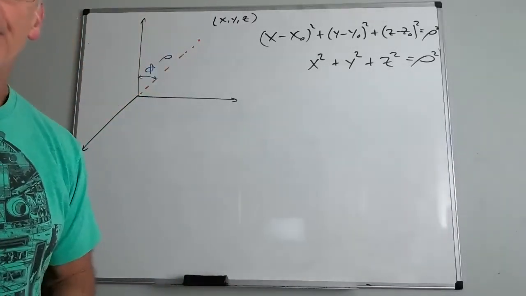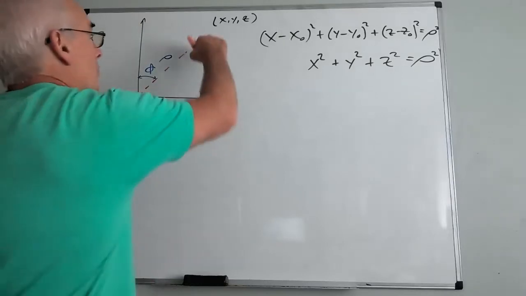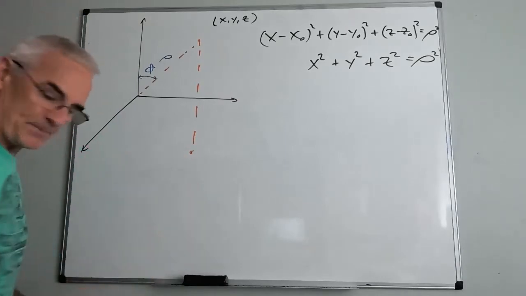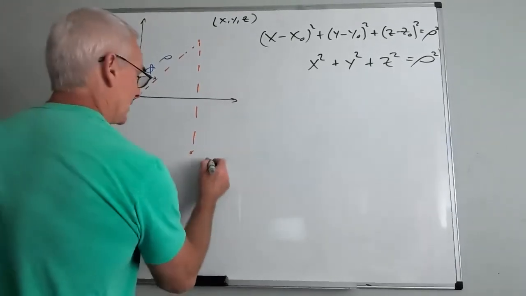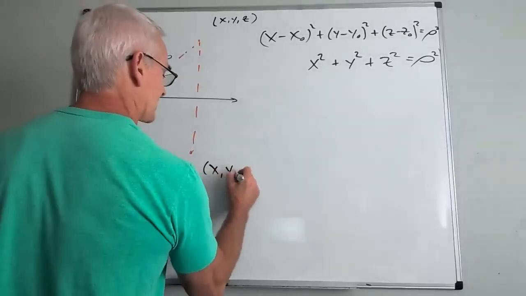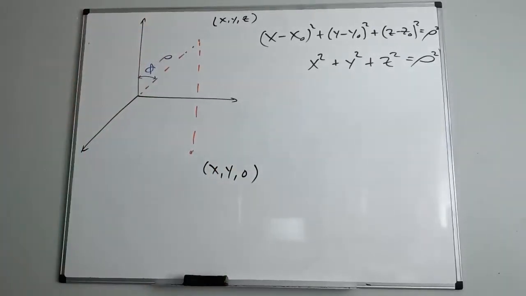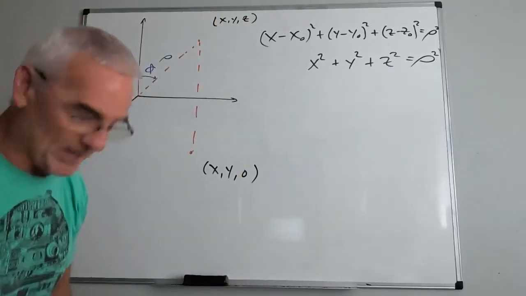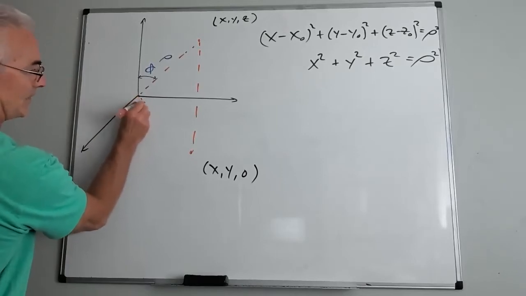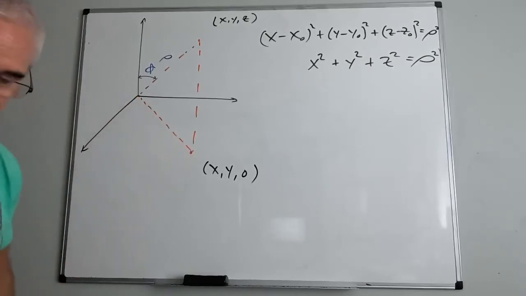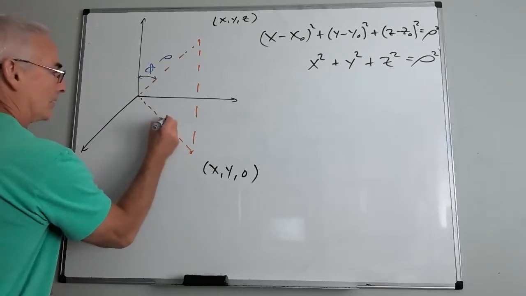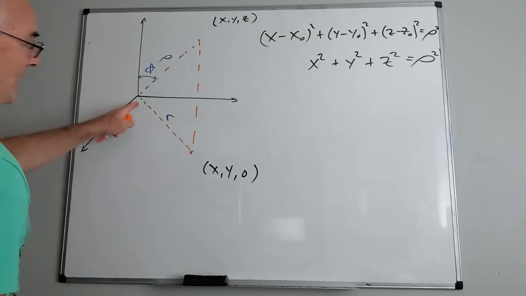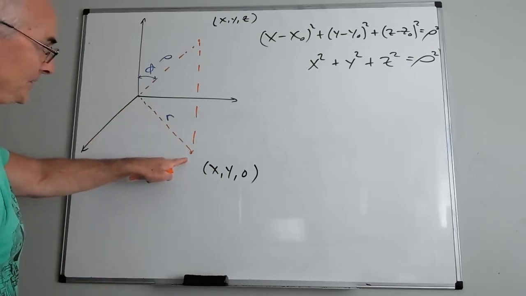Now, I'm going to project this point down onto the XY plane, and let's say it projects right to there. So that point on the XY plane would be the same X and Y, but it'd be X, Y, 0. So I have a point out in 3 space, and now I'm projecting it down to the XY plane. But now when I draw the line segment this way, that is R. This is on the XY plane, so that distance is exactly what R is.